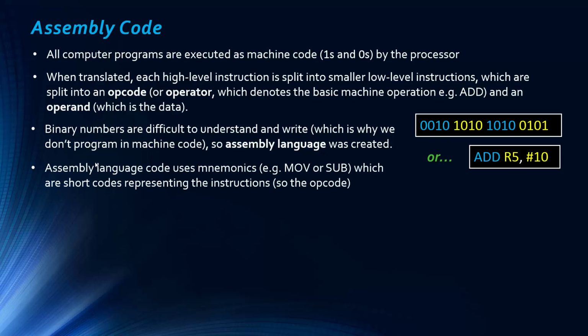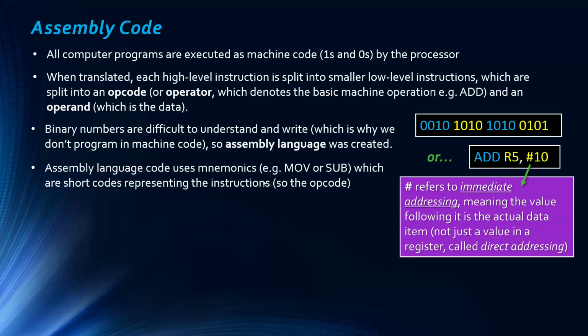Assembly language uses mnemonics, a very difficult word to say and write. In this case, they're three-letter words in capitals. So this is move and this is subtract, and they're short codes representing the instructions, so the opcode. And this hash character refers to an addressing type called immediate addressing, and it basically means that 10 is the actual bit of data being added to the fifth register.